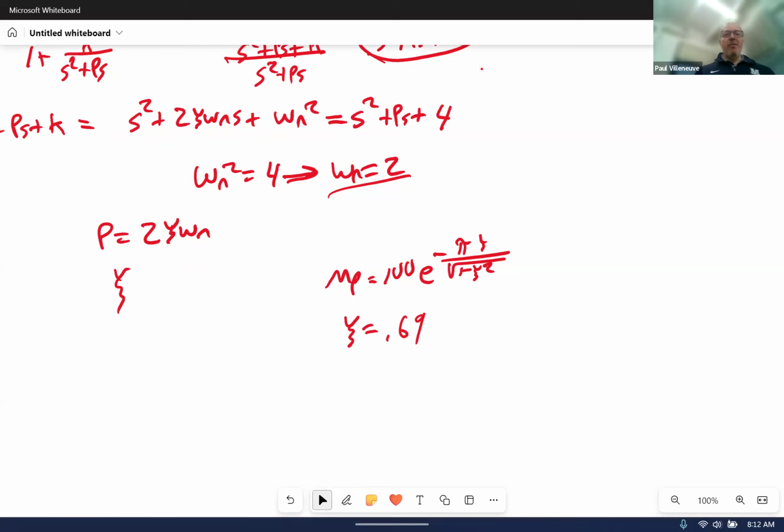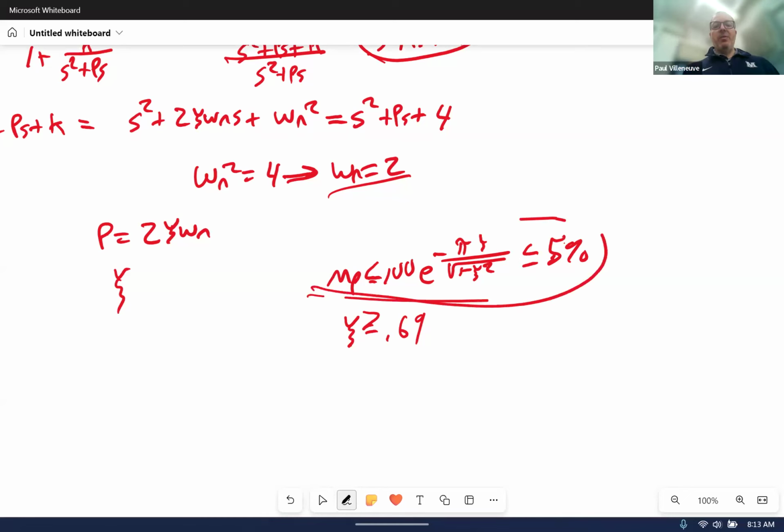Okay. But remember, the peak overshoot has to be less than or equal to this value. So M sub P should be less than or equal to 5%. So when you solve that, zeta needs to be greater than or equal to 0.69. So then the only thing to do was to check, because we already knew that this had to be met because we did the calculation. Now we just do our settling time check, which was supposed to be less than 4 seconds.